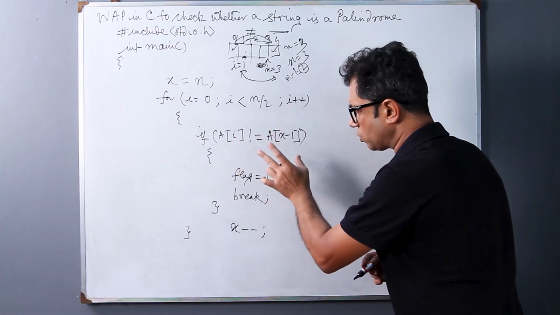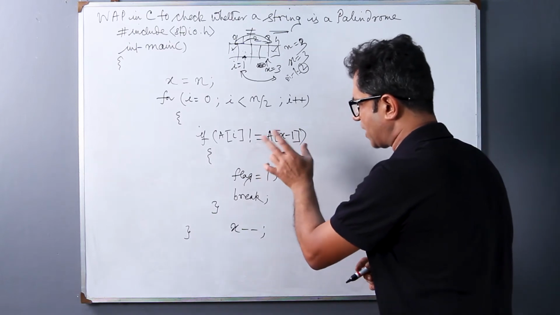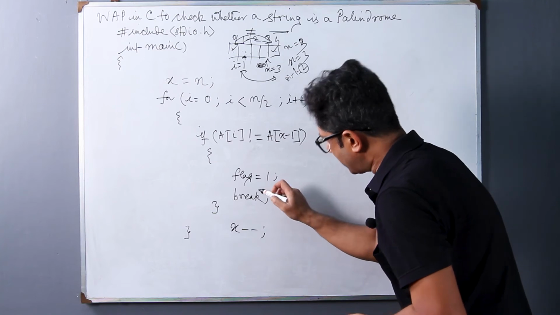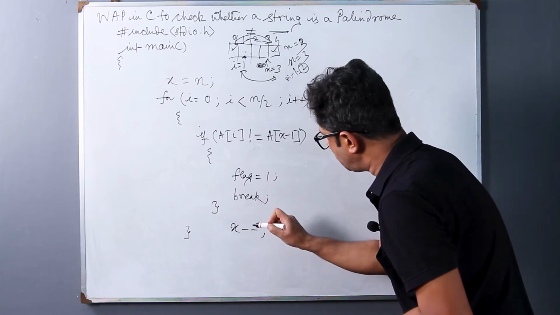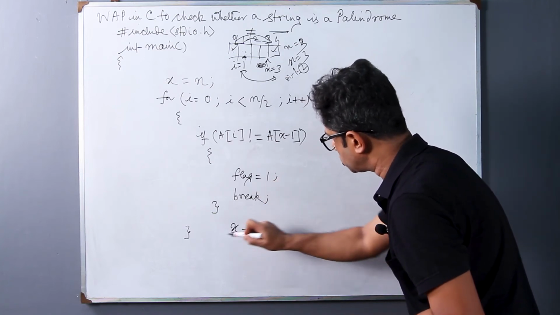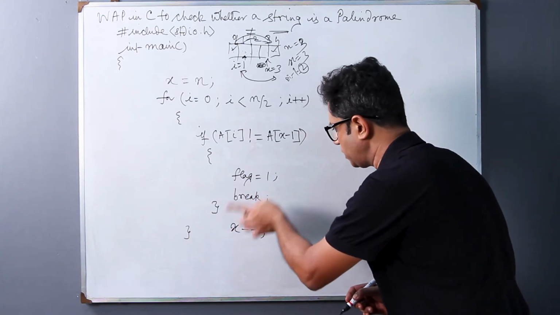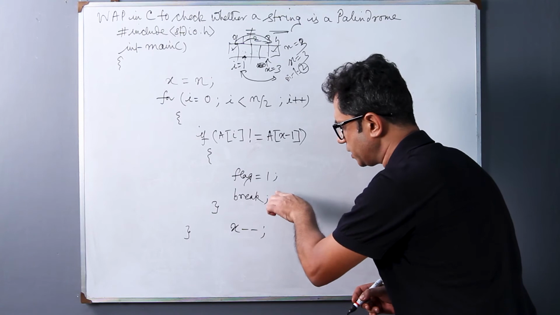If that would have held, the flag variable would have become 1, and we would have come out of this loop, and the flag variable should be checked outside the loop. If the flag variable is 1, then we are definitely not getting a palindrome.